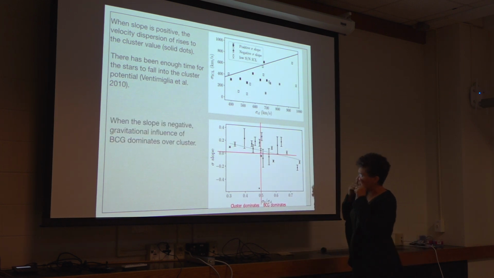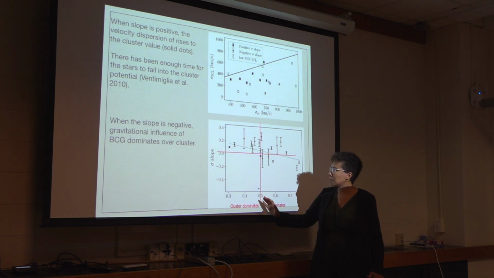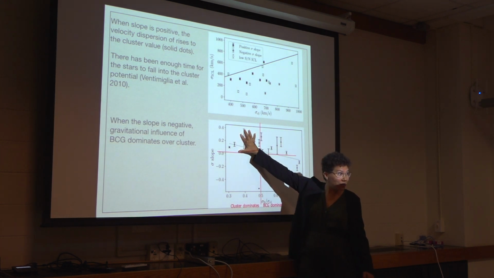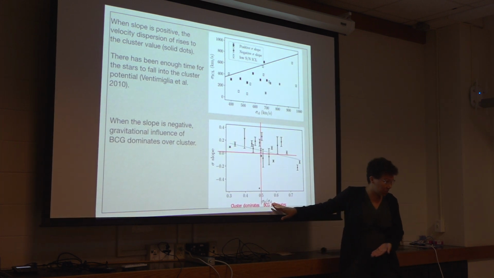More specifically, if the cluster dominates, I have rising slopes. And I only get these falling slopes when the BCG dominates.